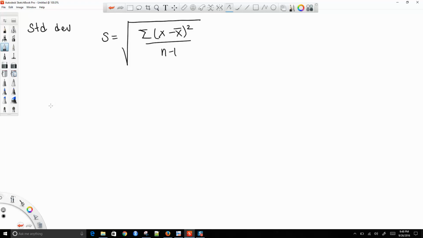Again, the idea is, find the mean, and then subtract the mean from each value. Each x value, and this will give you the distance from the mean.